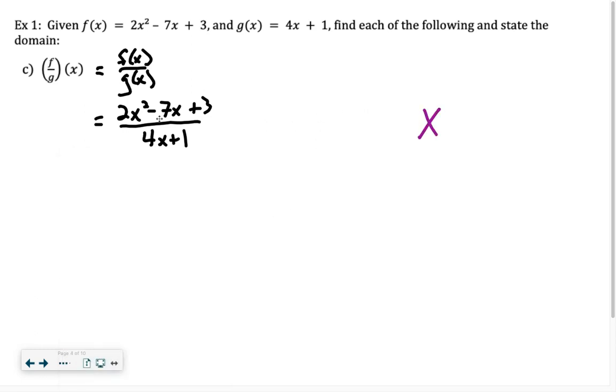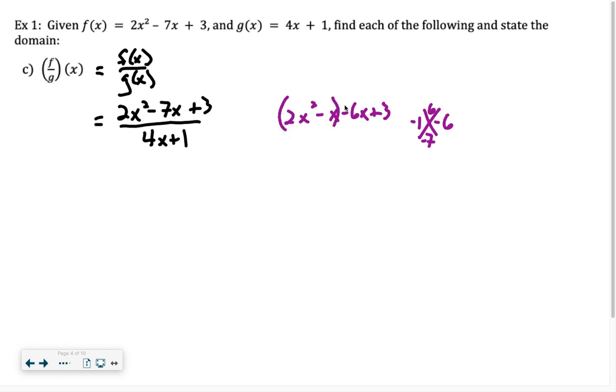So I want two numbers that multiply to 6, a times c would be 6, and add to negative 7. So that could be -1 and -6. So I could rewrite this as 2x squared minus x minus 6x plus 3.